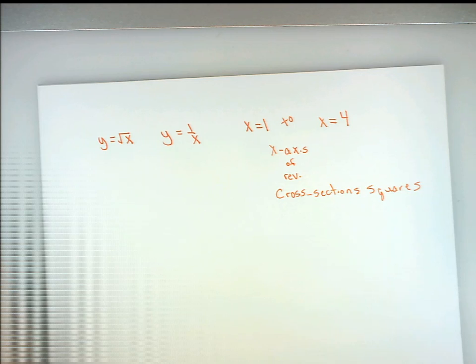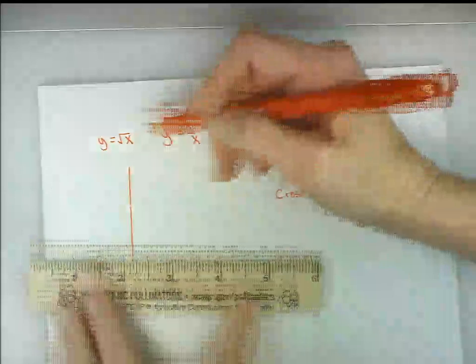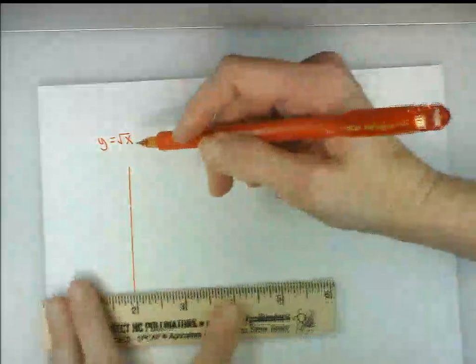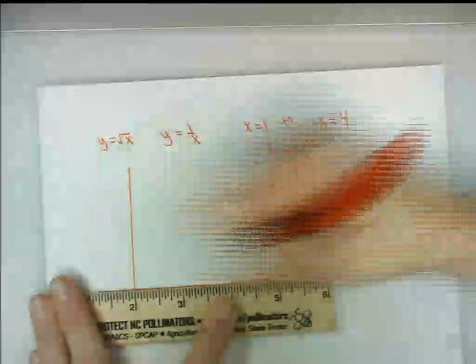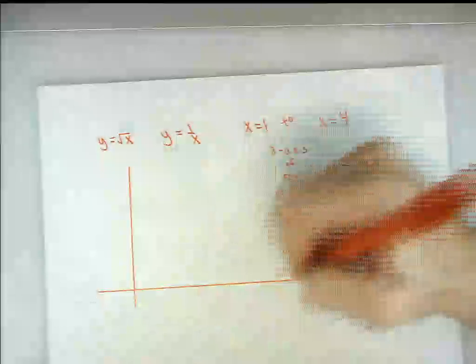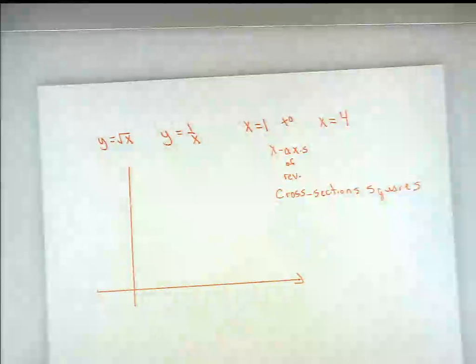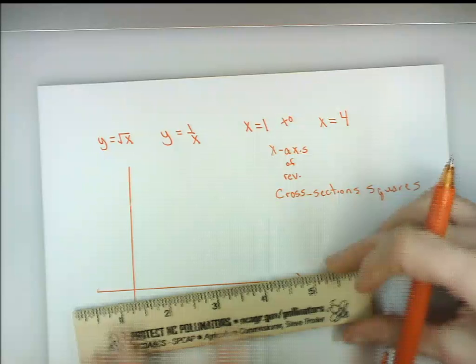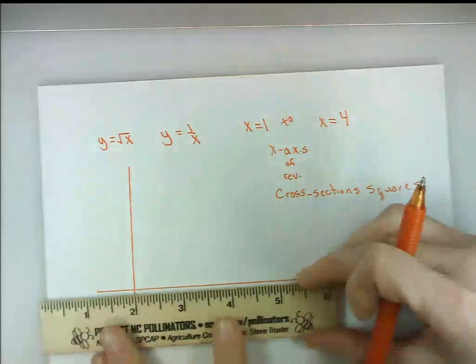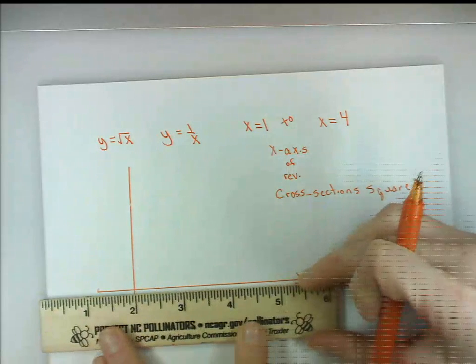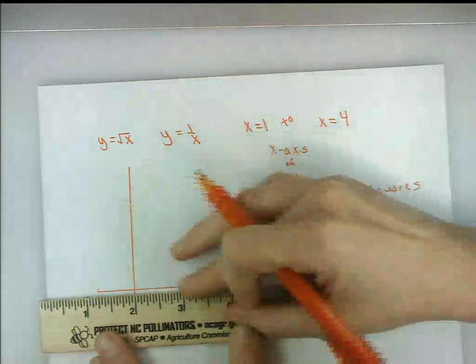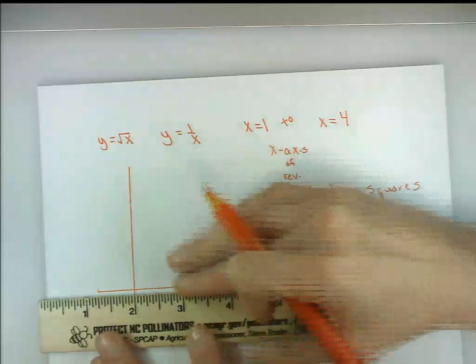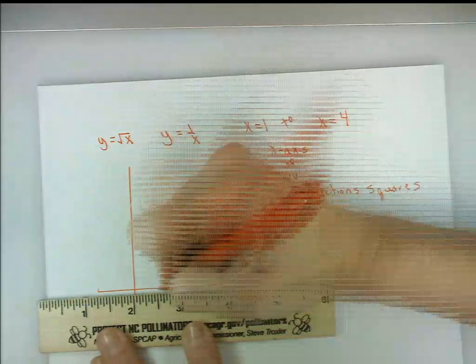I am going to not use graph paper, graph on my paper. On my x-axis, I'm going to put 1.